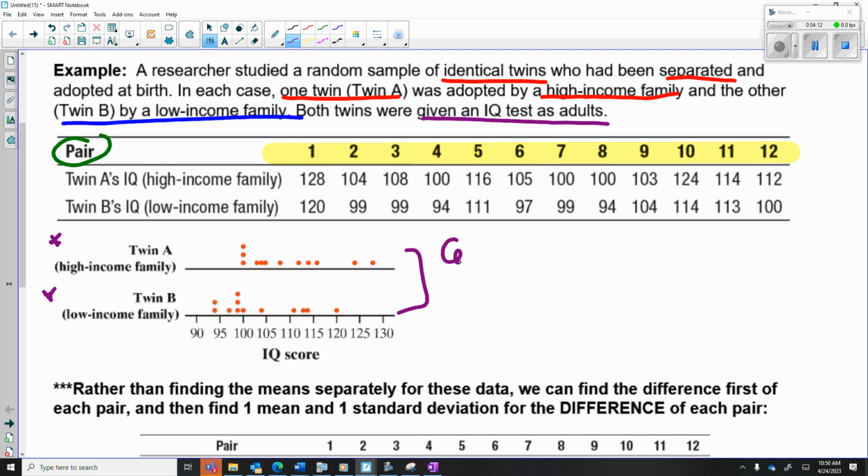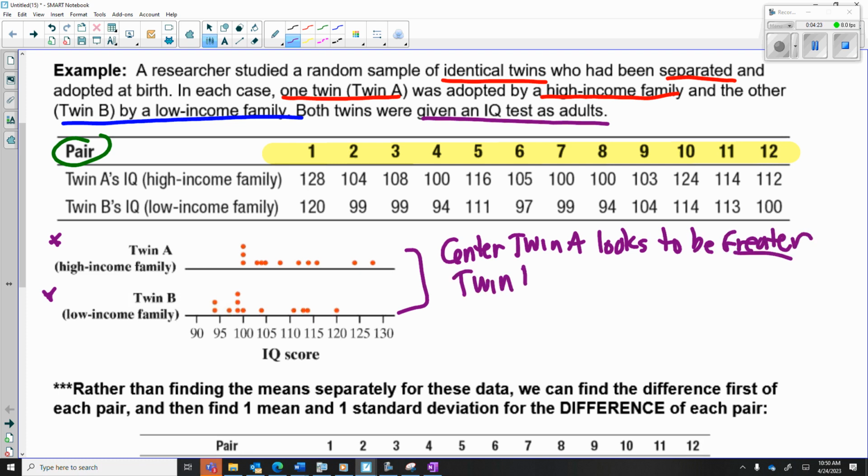Okay, so the center of twin A looks to be greater than twin B. The high income twin looks like they might have a higher median and a higher mean than twin B, but is it statistically significantly enough of a difference?